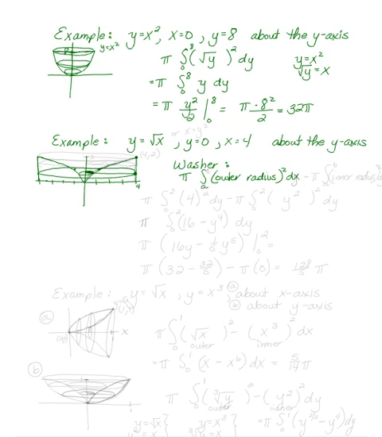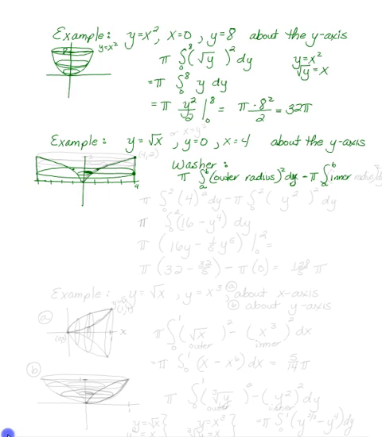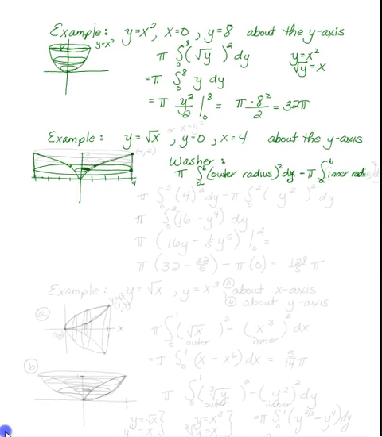Oops, I think this one's in the y direction, so let's put this as dy. We want to go from, say, a to b, whatever our a to b is, and then we're going to subtract off the volume of the inner one, which is pi. Still going from a to b, since these stack in the y direction, we subtract off that inner radius squared.